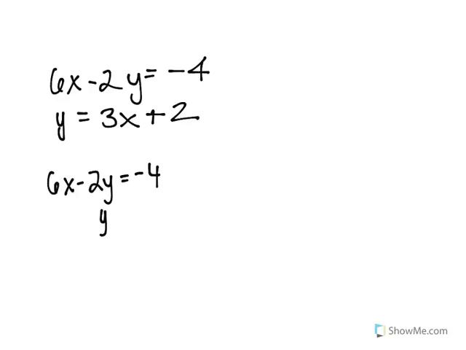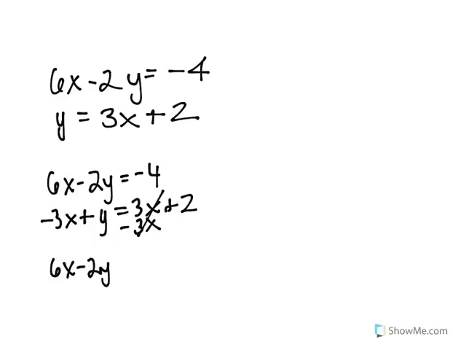Underneath, I'm just rewriting the second equation, y equals 3x plus 2. I want to get this x over here. And I get 6x minus 2y equals -4. Underneath, I get -3x plus y equals 2. Okay?